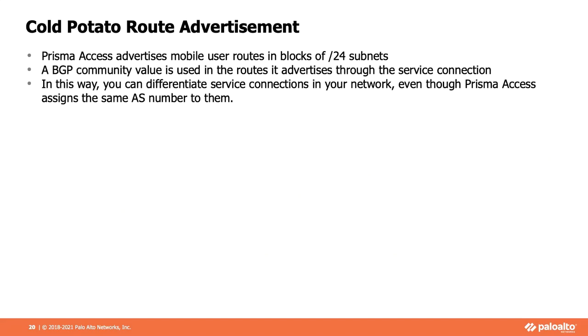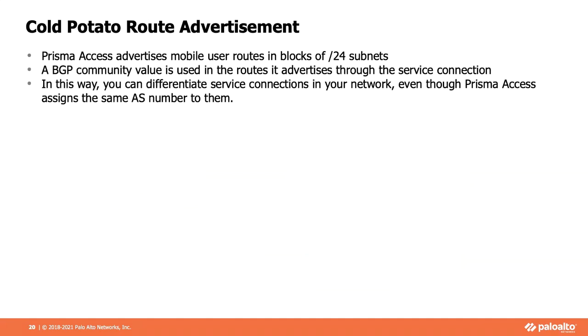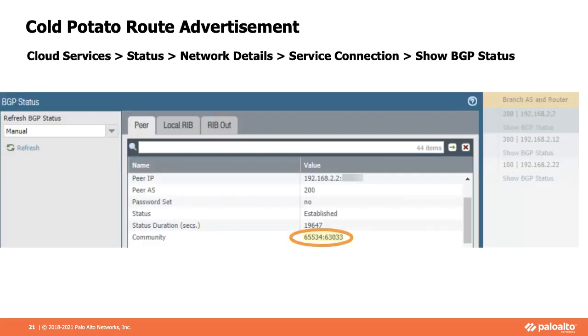And if you're using our default AS, then we have our own AS number, but we differentiate between the different service connections that might be available, one in the US, one in Europe, one in Asia, etc., by using an additional value, what we call a community value, to differentiate the different service connections.